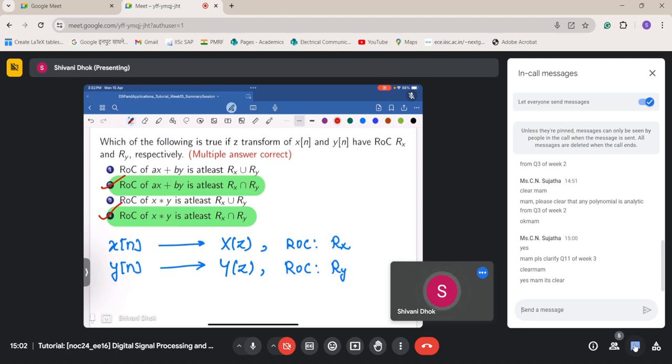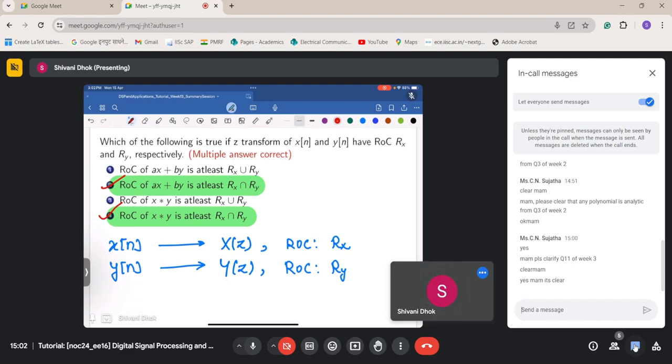Okay, so you want question 11 of week 3. Its detailed solution is there. Use properties of Fourier transform. I won't solve these questions whose detailed solutions are there. You need to use properties of Fourier transform. N times x of n, there will be differentiation in the frequency domain. That kind of properties, you need to look at those properties and then try to read between the lines. But if I am not wrong, the detailed solution is there.